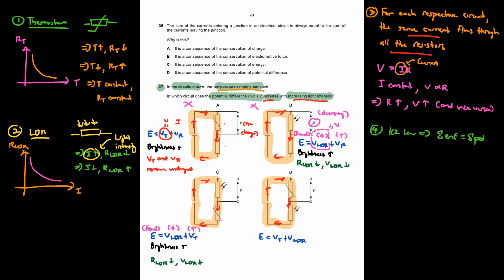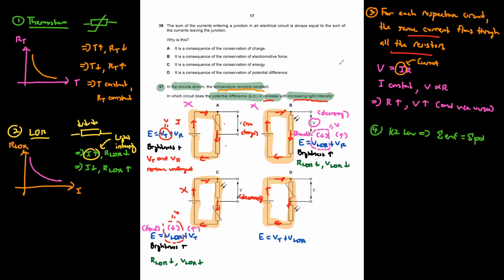In my case now, your voltage is actually measured across your LDR. So this one is again your V, and it's actually decreasing. This is not what you want either.